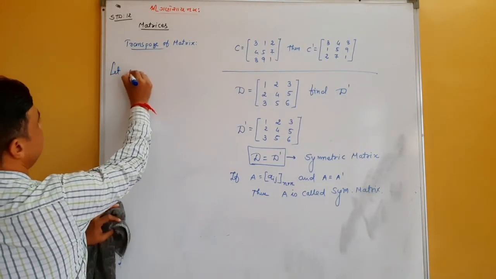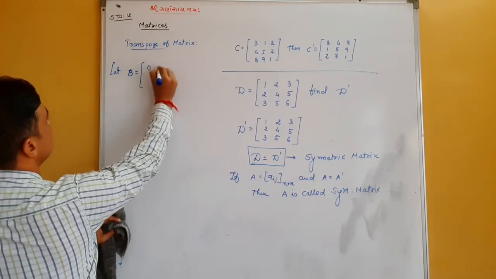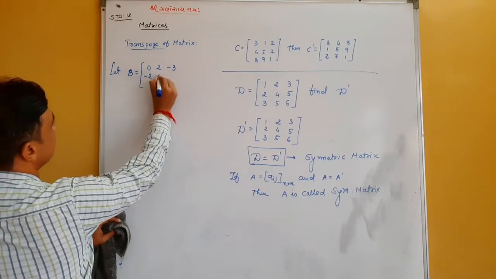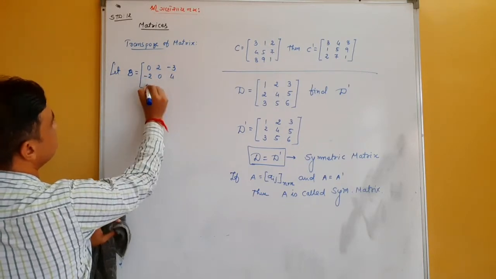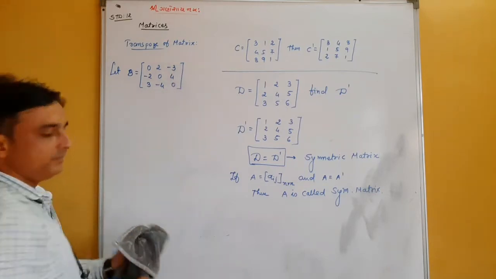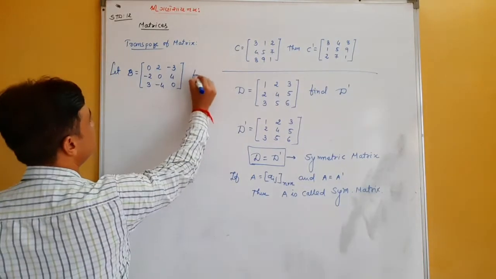Let a matrix B be 0, 2, minus 3, minus 2, 0, 4, 3, minus 4, 0. Now, find B dash.